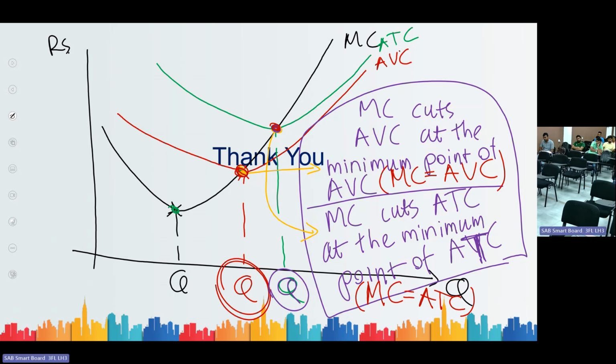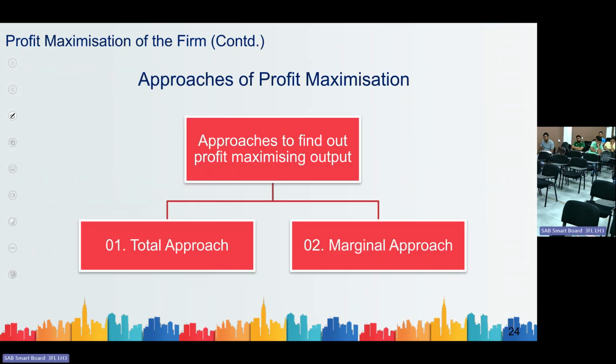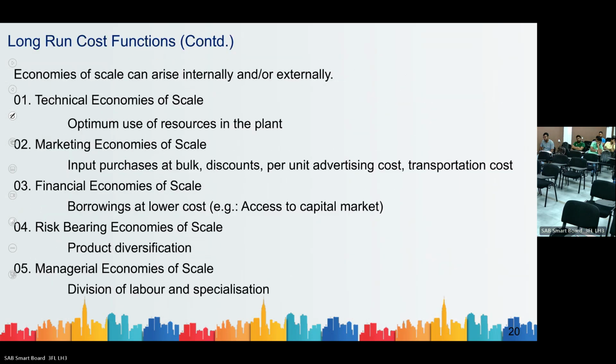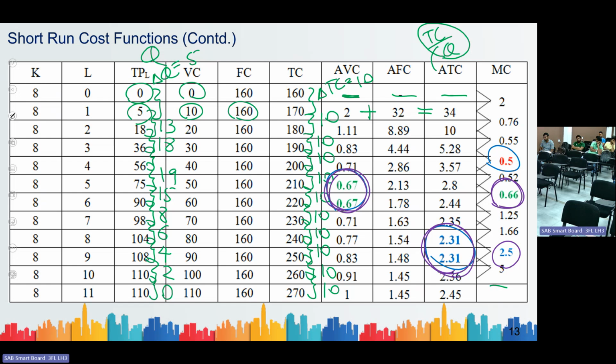When ABC is minimum, MC is equal to ABC. When ATC is minimum, ATC is equal to MC. Because at those points, MC cuts those points. That is what we observe.